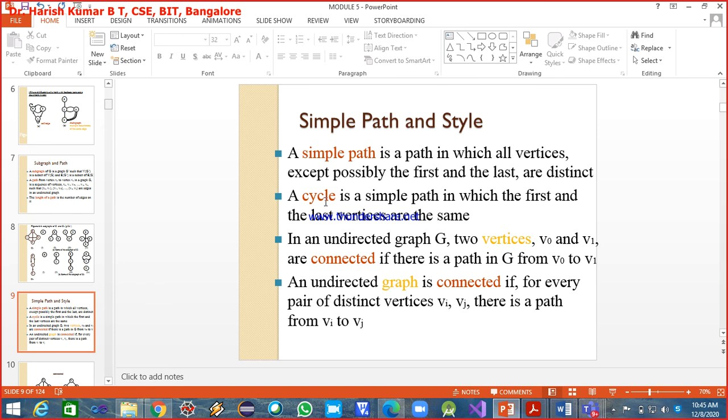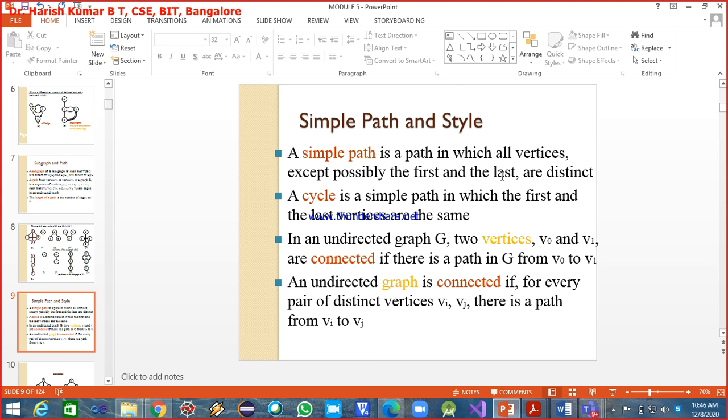Next, we can also define something called a cycle. A path can be a cycle also. A cycle is a simple path, which means the first and the last can be the same, but all intermediate vertices have to be distinct. A cycle is a simple path in which the first and the last vertices are the same. In a simple path, the first and the last can be the same, but sometimes they need not be.